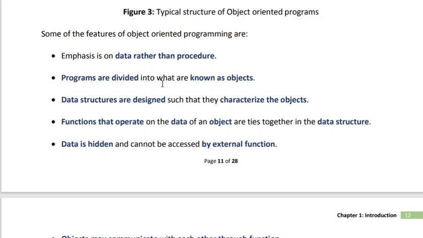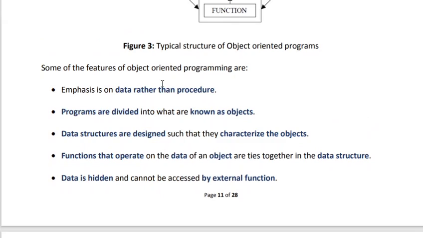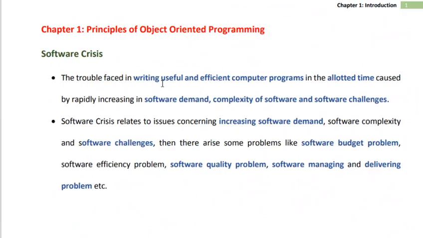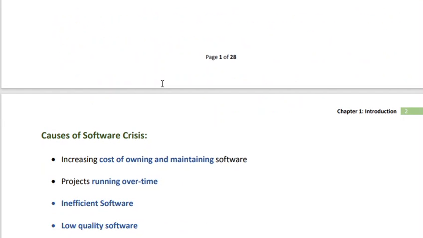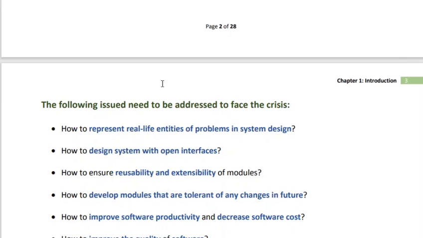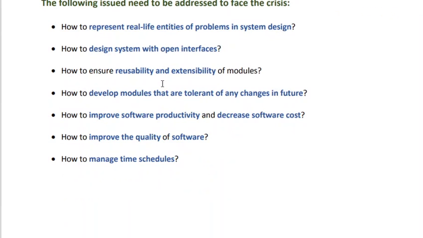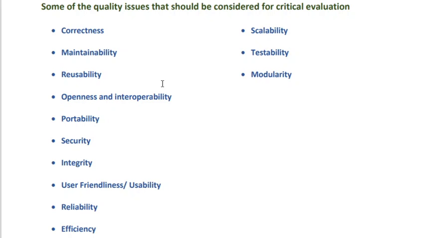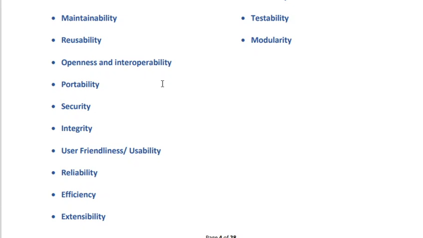So in today's class, we have learned about software crisis: what software crisis is, what the causes of software crisis are, and what issues need to be addressed for facing the crisis. We have learned about some of the quality issues that need to be considered for critical evaluation.